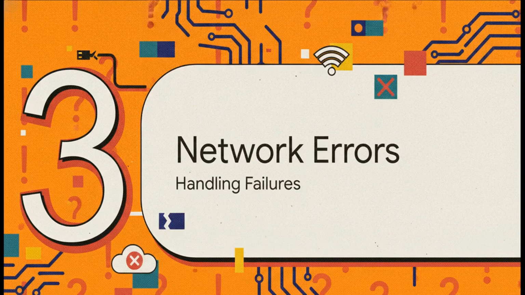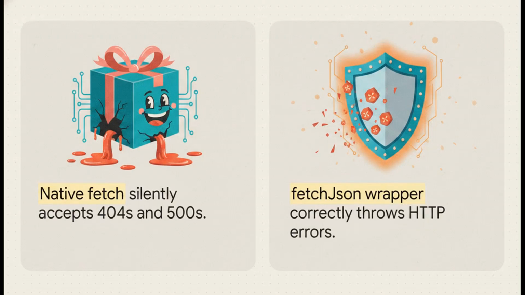All right, Section 3, catching real network errors, because things will inevitably break. This is an incredibly common gotcha. Native fetch has a really sneaky hidden danger. It literally treats a 404 not found or a 500 server error as a total success. Native fetch only throws a real error if there's a literal network failure, like, say, your Wi-Fi drops.